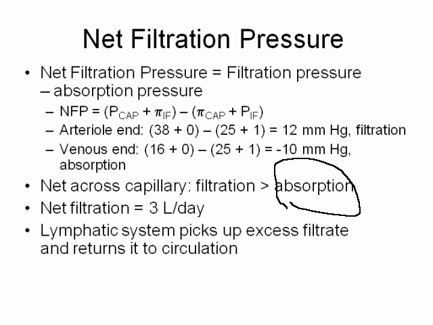But of course, there's going to be some absorption of metabolites, etc. The net filtration per day is about 3 liters. So it's one reason why we need to keep consuming water, is that overall we're losing about 3 liters of water a day into the tissue.